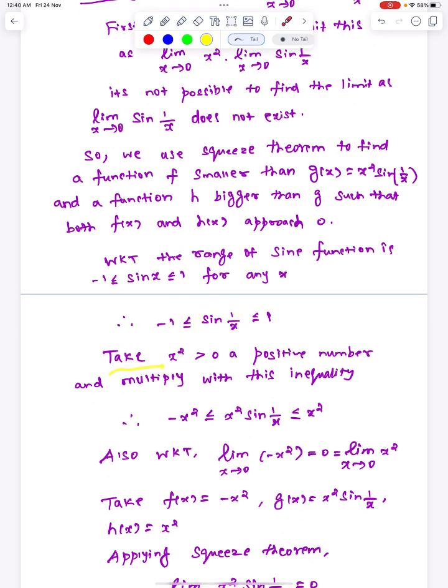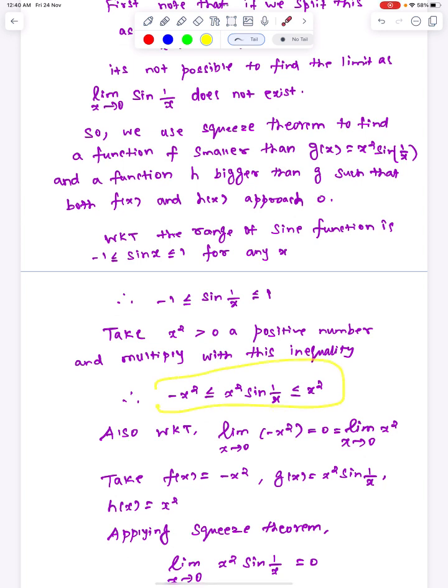Now x square is greater than 0, that means x square is a positive number, so when we multiply the inequality by it, the inequalities will not change. When you multiply all these places with x square, you will see minus x square is less than or equal to x square into sine 1 over x, which is less than or equal to x square.